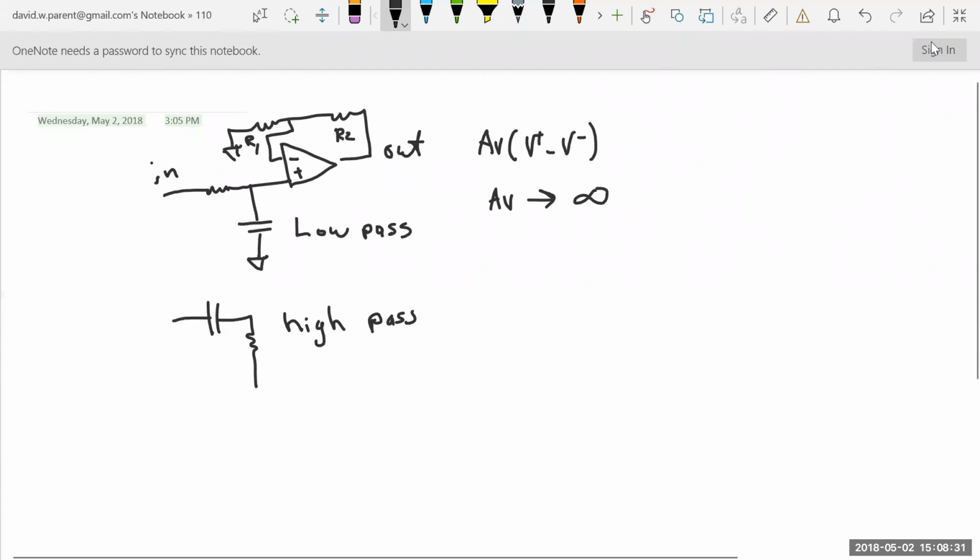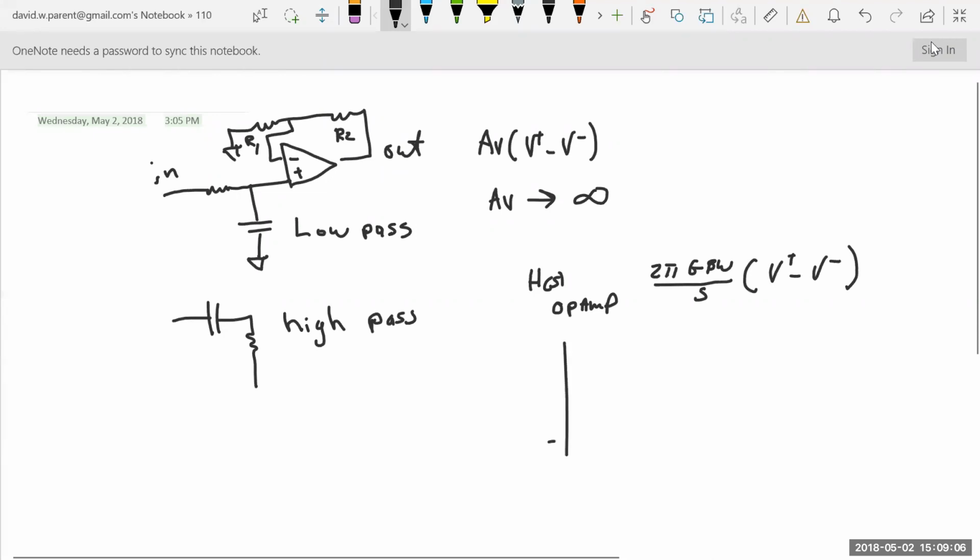And it's all predicated on the fact that, let's take the simplest high frequency model of an op amp, 2 pi gain bandwidth divided by S. Because really, you just have to kind of stay here.